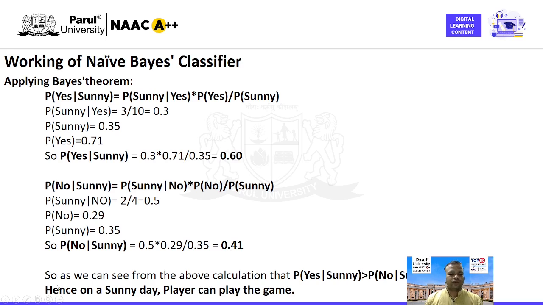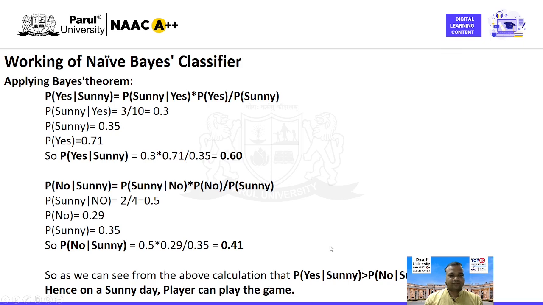Okay, so as we can see from the above calculation that probability of yes over sunny is greater than probability of no over sunny weather. Hence, we can say on a sunny day, player can play the game.